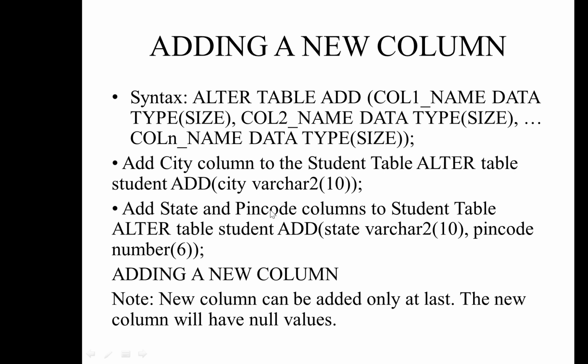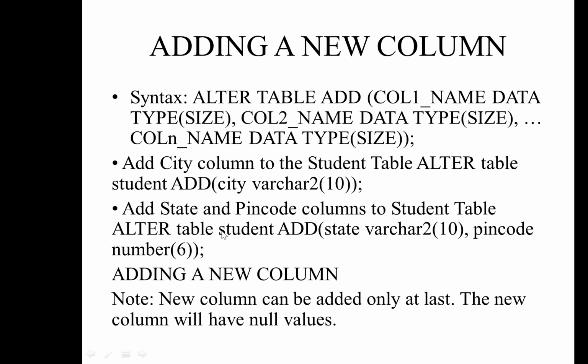Now, to add state and pin code columns to the student table, we use the syntax: alter table student add state varchar2 of 10, comma, one more field called pin code, and the data type is number, with the size mentioned as 6, and then closing parenthesis, semicolon.